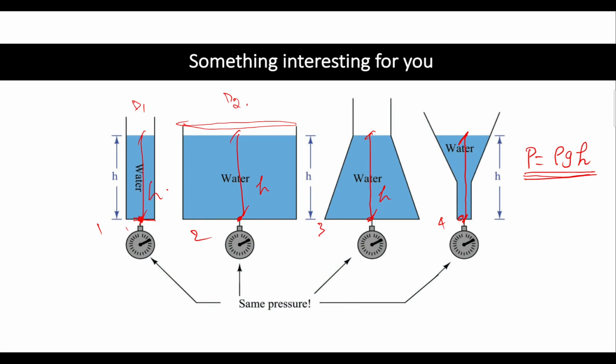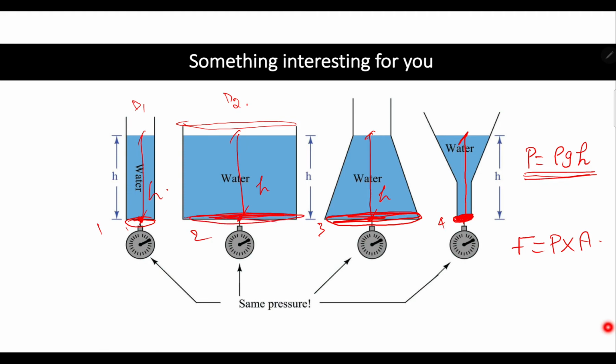The reason why my friend got confused, and also some of you might be confused, is you might be thinking of the force. If you think of the force, what is force? Force is pressure times area. So the total force experienced at number 4 would be different from the force experienced here, and different in all these cases.